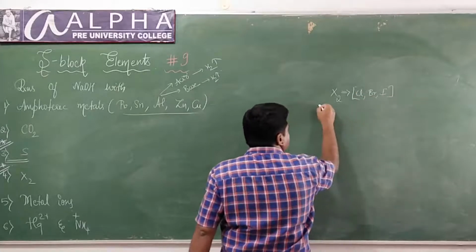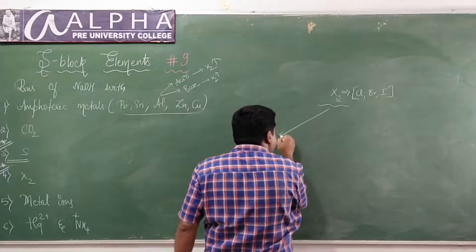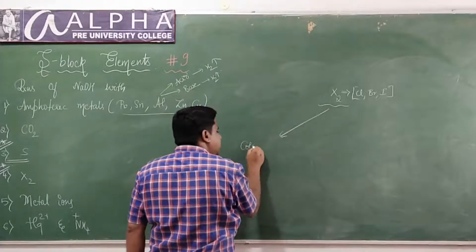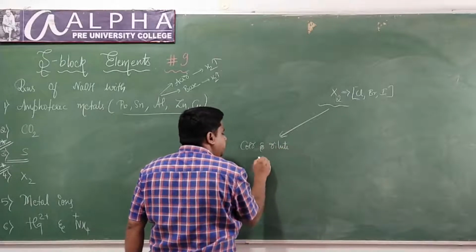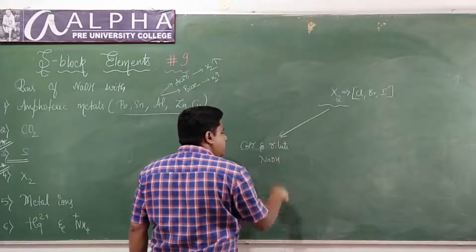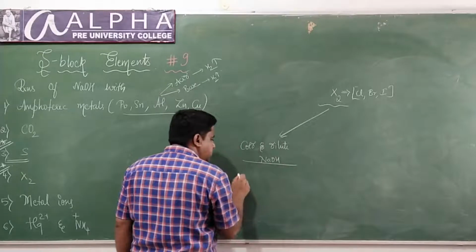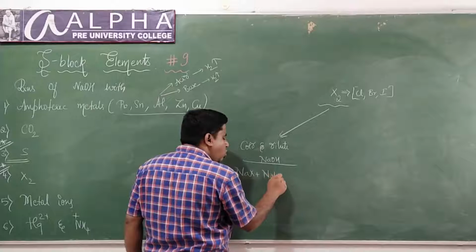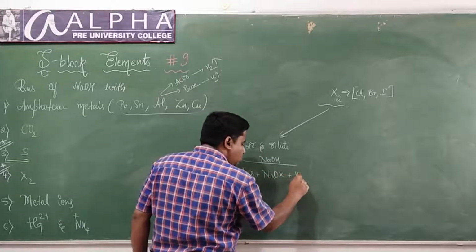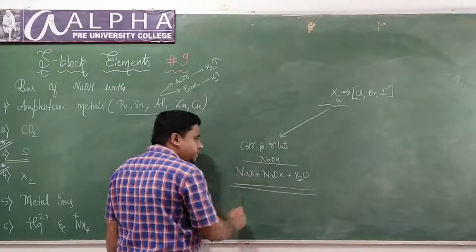When they react with cold and dilute NaOH, what are the products? Sodium halide, sodium oxyhalide plus water. Can you remember this?